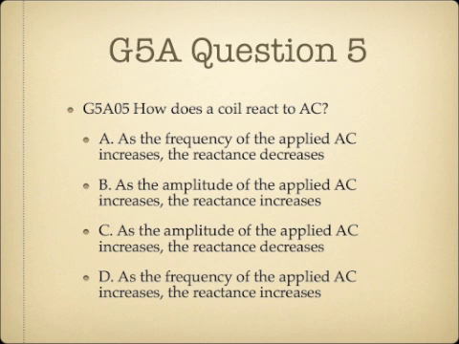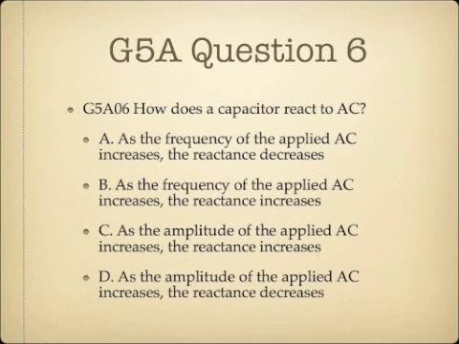Question 5. How does a coil react to AC? A. As the frequency of the applied AC increases, the reactance decreases. B. As the amplitude of the applied AC increases, the reactance increases. C. As the amplitude of the applied AC increases, the reactance decreases. Or D. As the frequency of the applied AC increases, the reactance increases. Question 6.